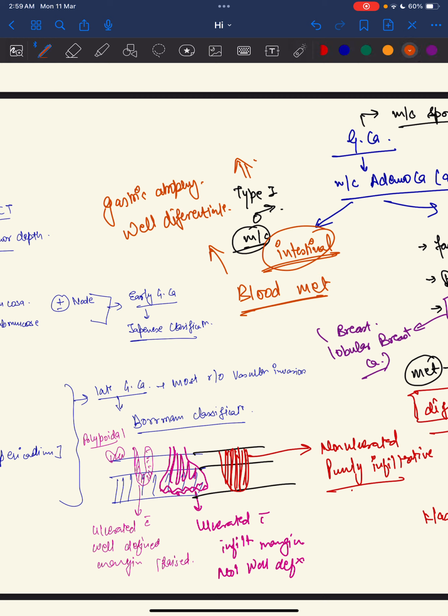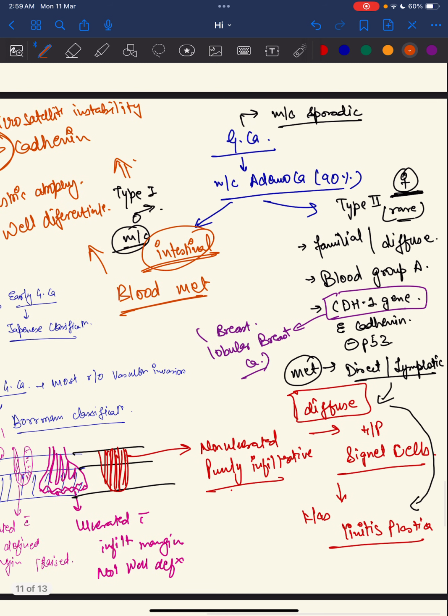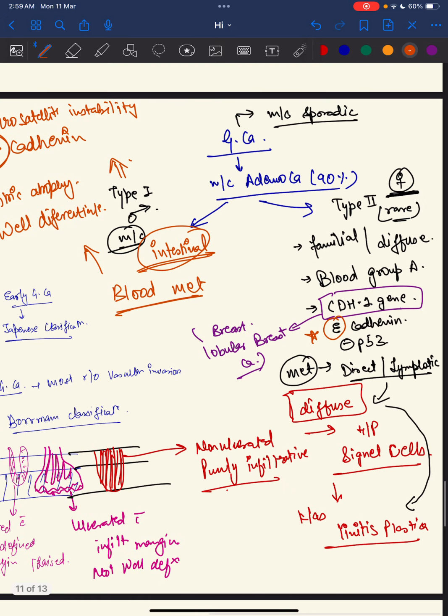or I would say the problem, which is the microsatellite instability, beta-catenin. Remember this B catenin and E catenin. Don't get confused between the B and E, okay?